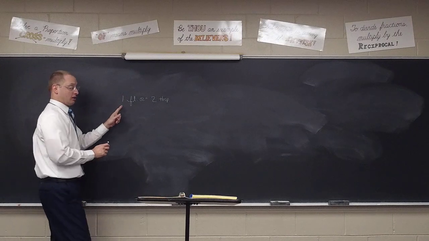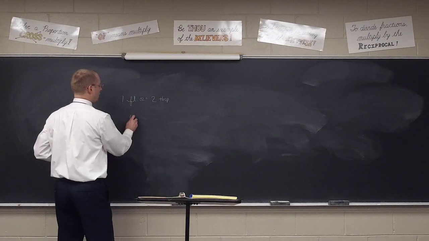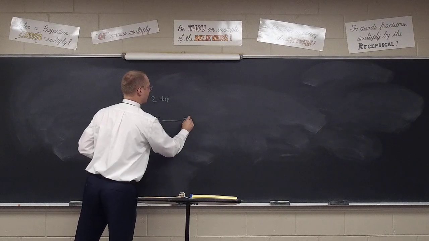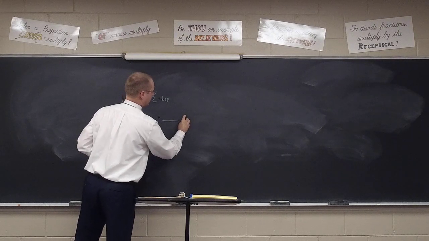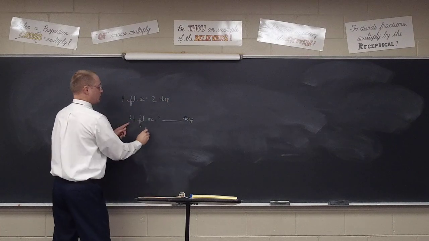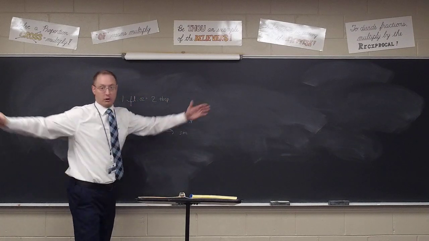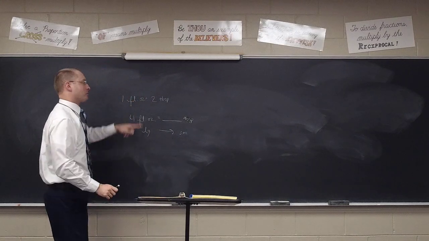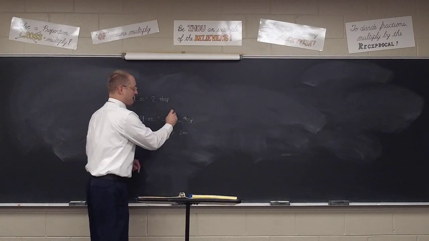The fluid ounce is bigger. So we're going from larger to smaller. When we go from larger to smaller, we multiply. So we multiply by 2 to get 8 tablespoons.